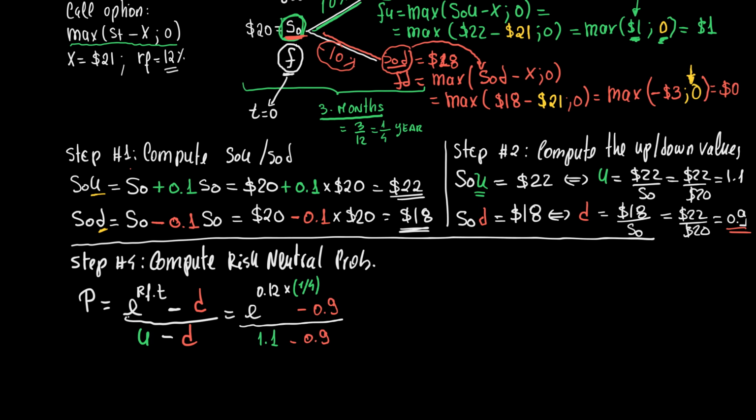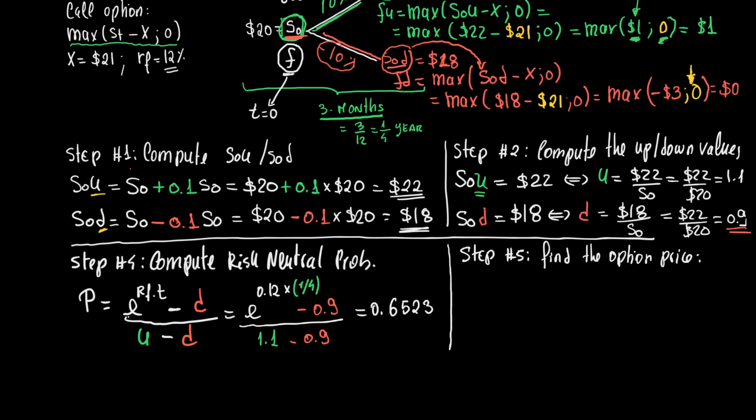If you make the calculations, this should give around 0.6523. And with this, I can finally compute my option price. So step 5 is to find the option price.